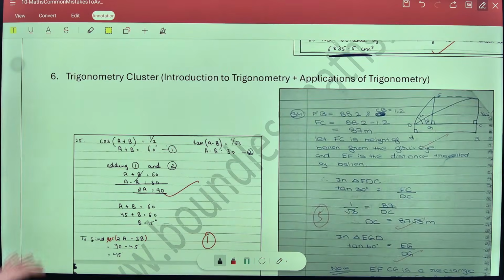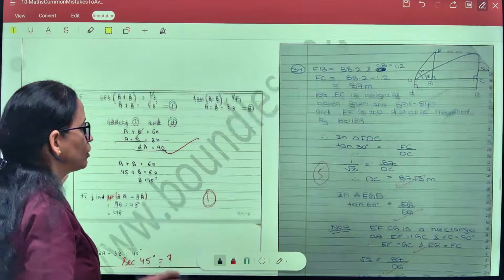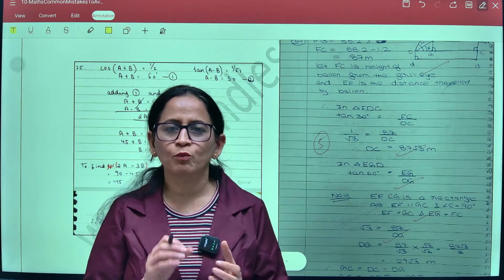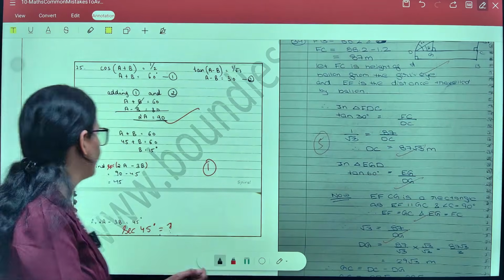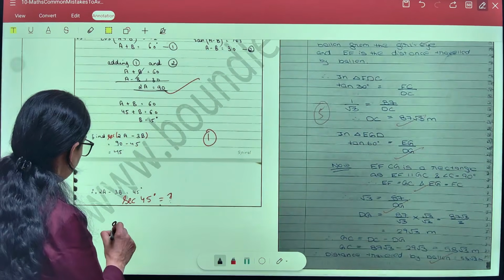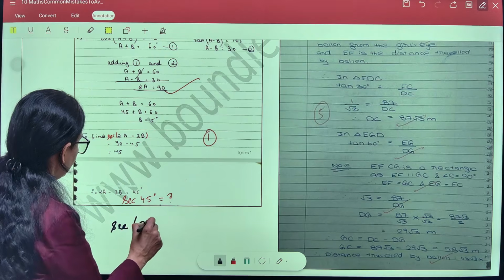Next, trigonometry. Now here, again, be very cautious, not just for trigonometry, but for any kind of question. Keep a watch on what is being asked in the question. For example, in this question, you need to calculate the value of sec(2A minus 3B).